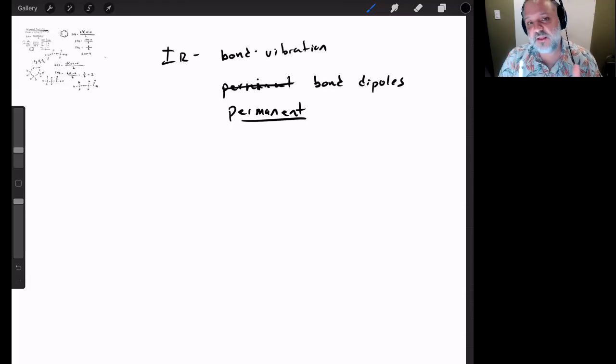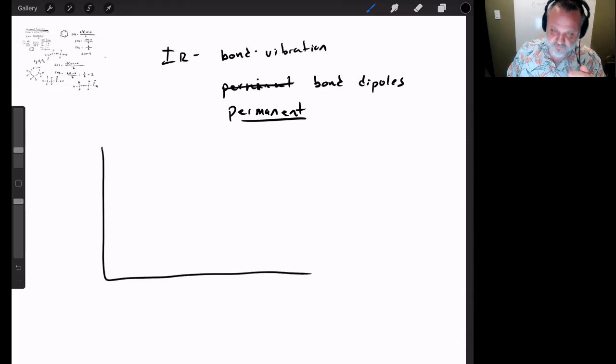If you take a look at the light that passes through these molecules after it's absorbed and compare it to the light beforehand, you can see where you're missing some of the light energy, because it'll be a spectrum.